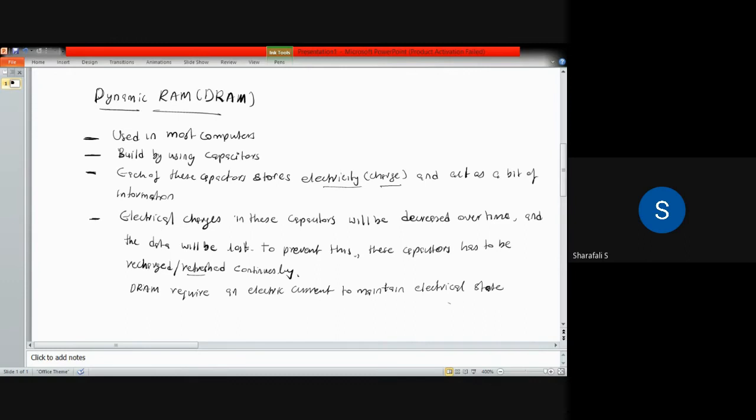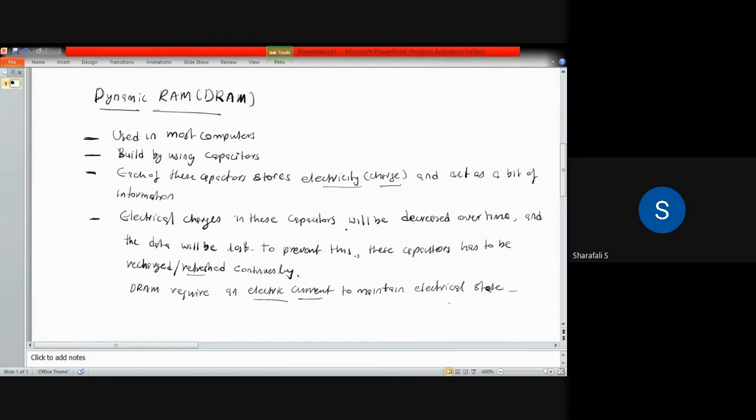So in order to have that memory state, you have to constantly supply some electric current, and this refreshing will be controlled by an external counter. It happens automatically in this DRAM, and it is controlled by another circuit which has a counter.